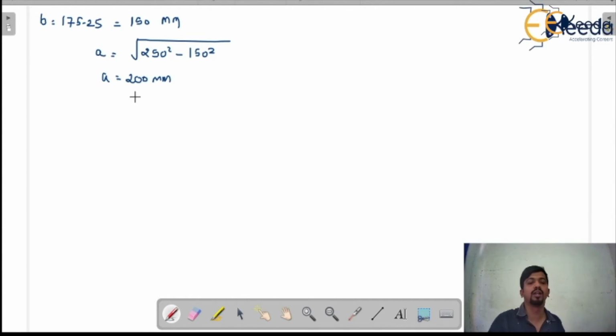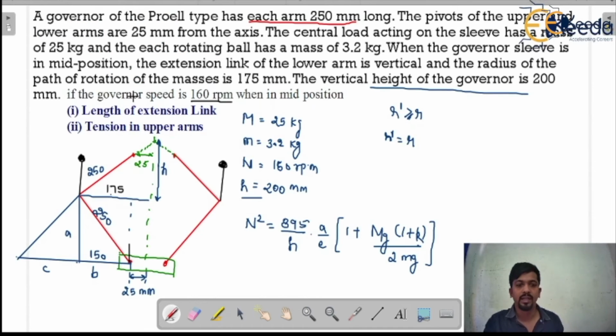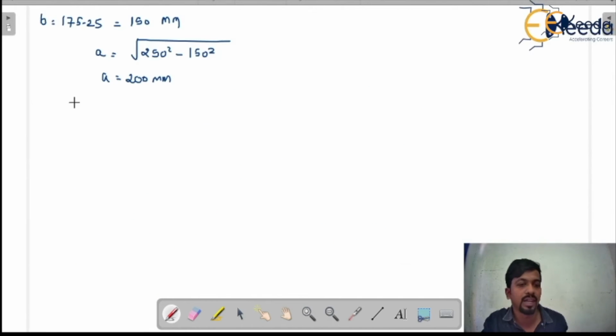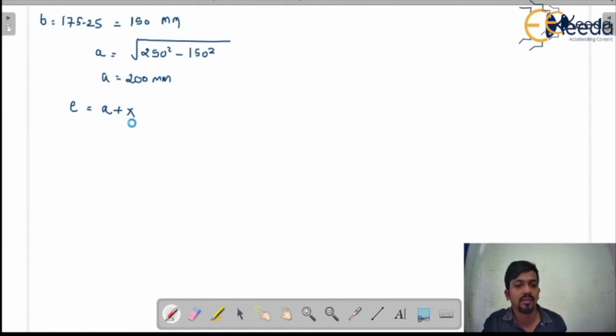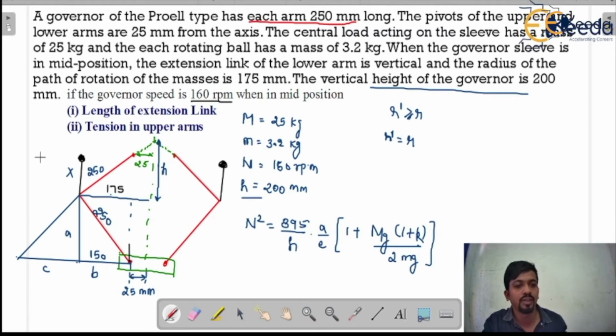Now we have to calculate the length of the extension link, and how can we calculate that? Assume that the length of the extension link is X. So A plus X would be the value of E, because E is calculated from the fly ball to the instantaneous center.